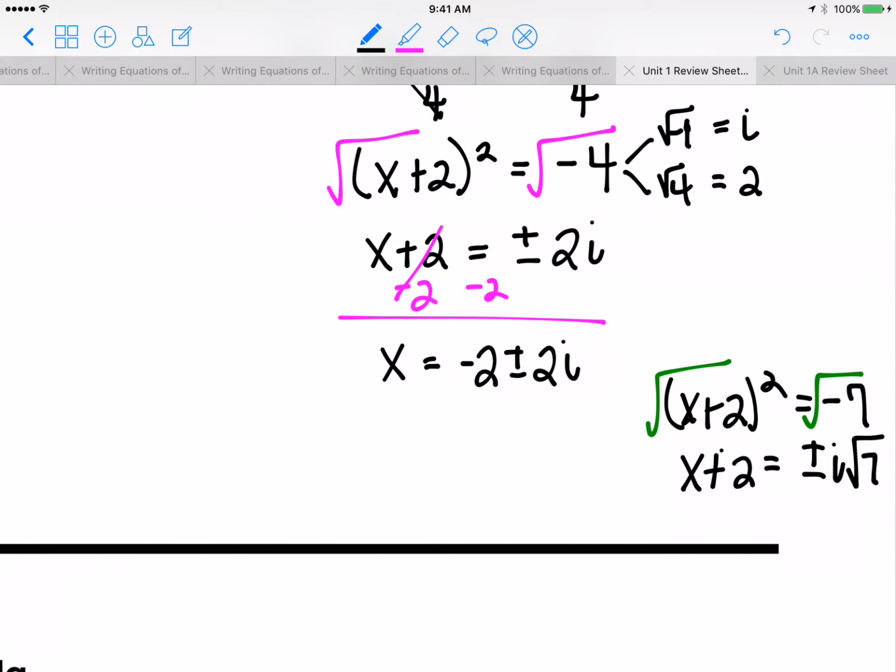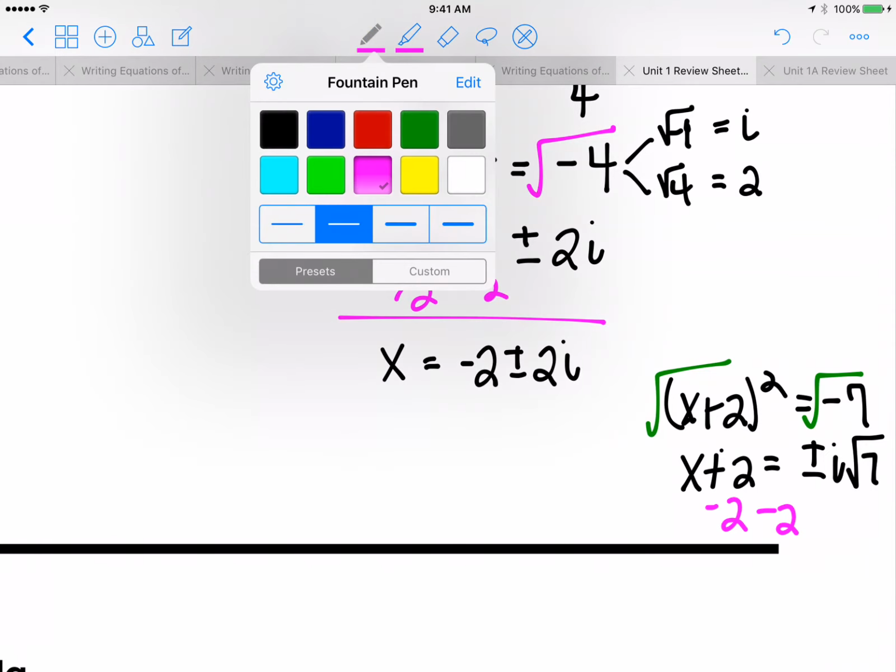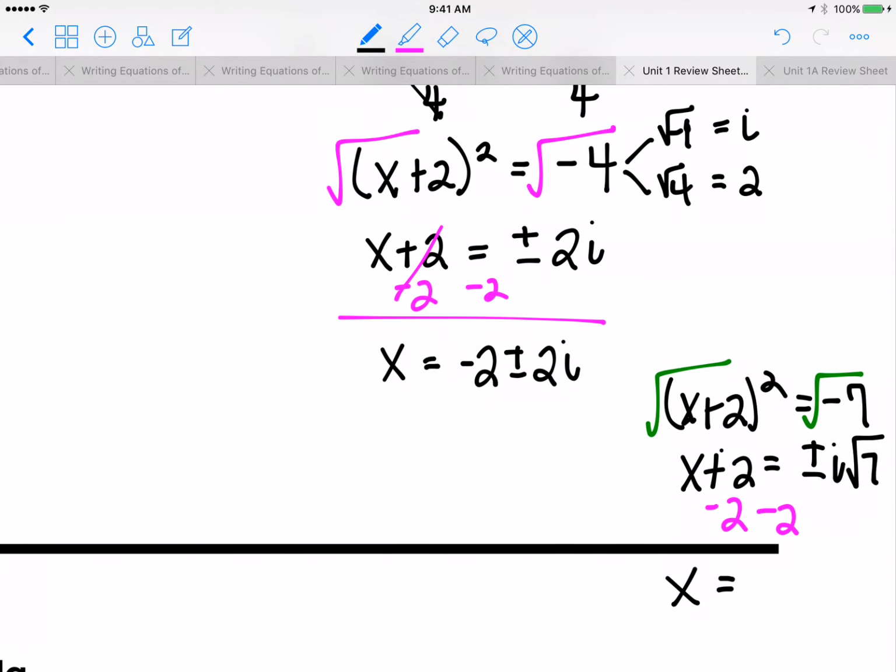So how would we work this out? Well, we would subtract 2 over to both sides, and you would get x is equal to negative 2 plus or minus i root 7. And then that would be your answer. We couldn't do anything more because we can't add a real number to an imaginary number. So then we would be done.